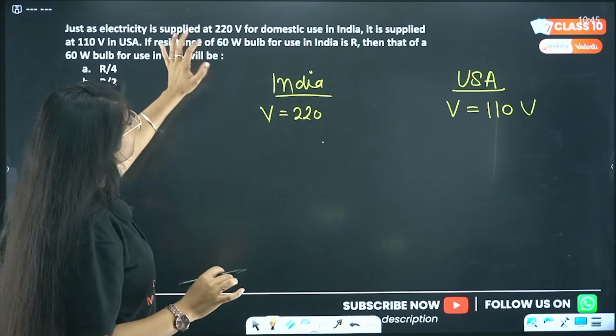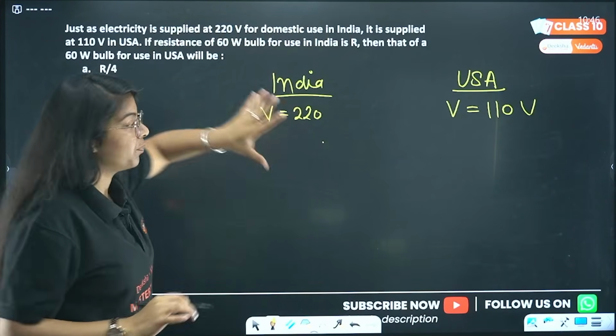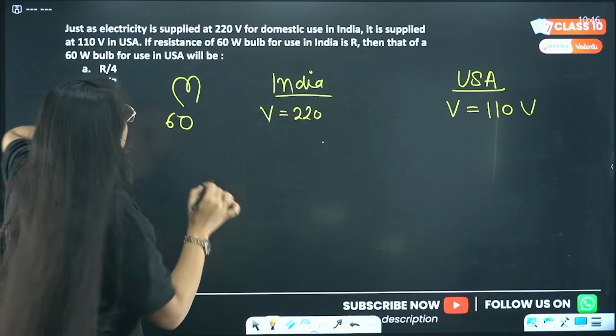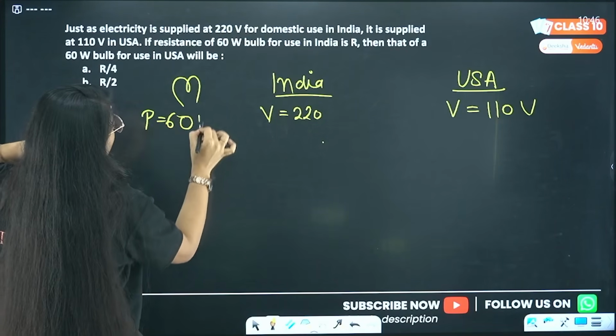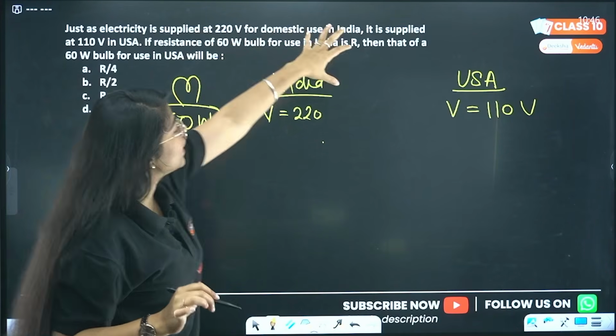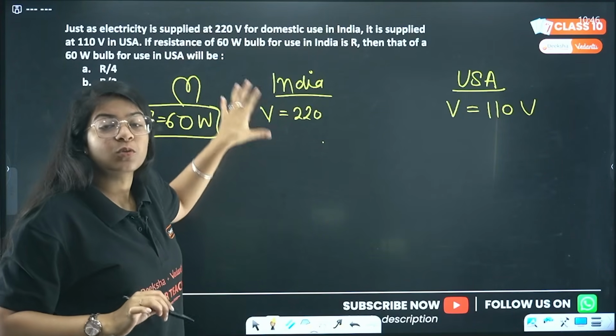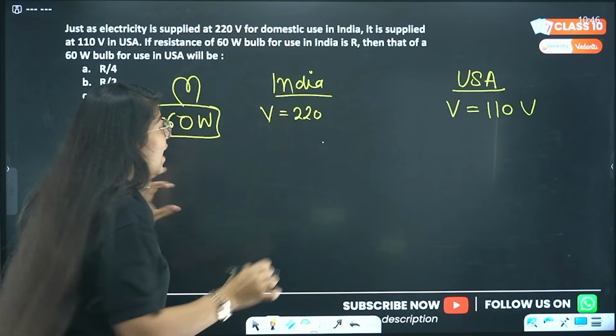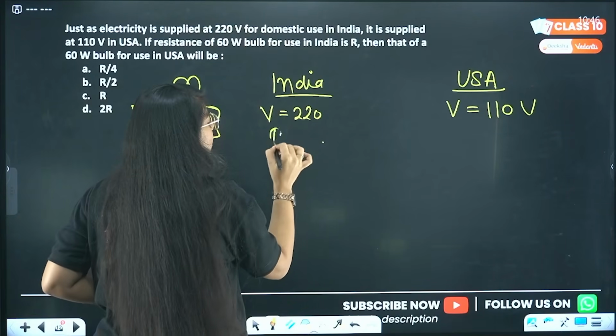Now, we have a bulb whose power is 60 watt, and a 60 watt bulb for use in India has resistance R.